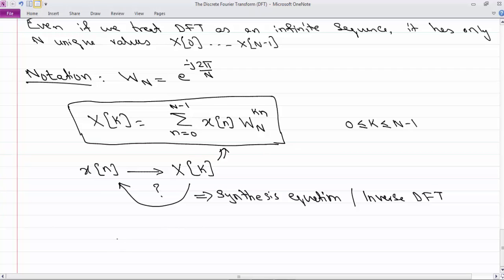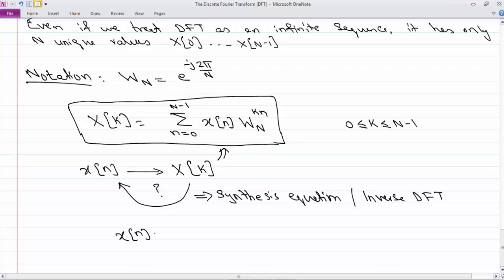So what is that expression? Now, DTFT is a transform of a discrete sequence, but DTFT is itself continuous. So when you write the inverse DTFT formula, you involve integration in that.